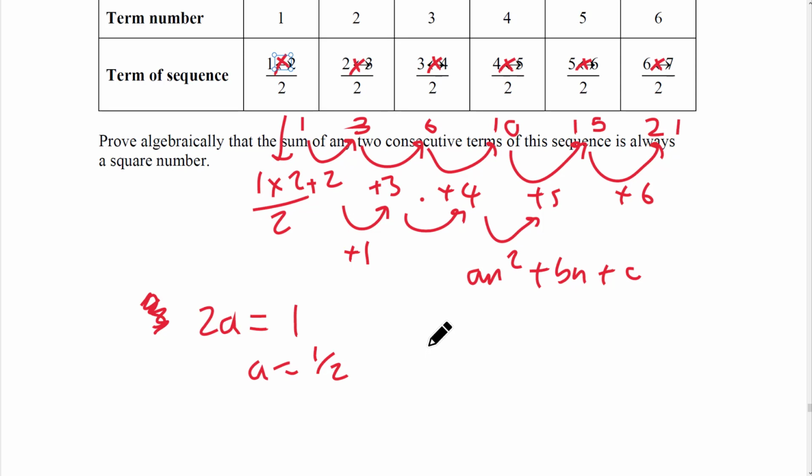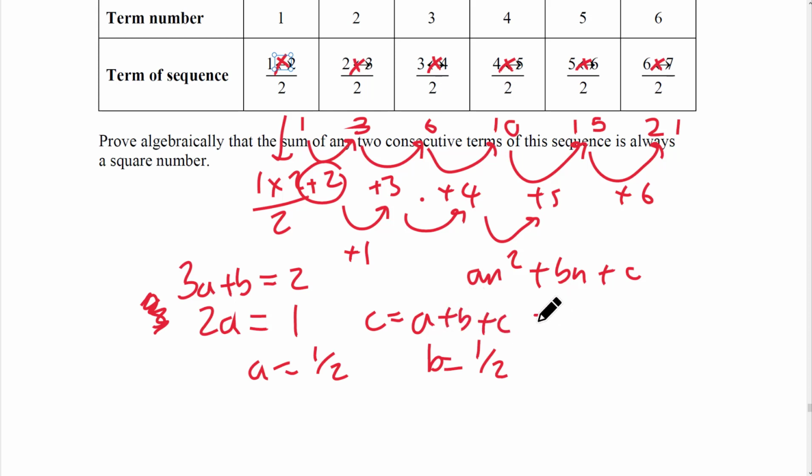Let's try it this way, and then we've got b, we've got 3a plus b must equal 2, so half b equals a half. Now what does c equal? Now a plus b plus c equals 1, so c equals 0 here.